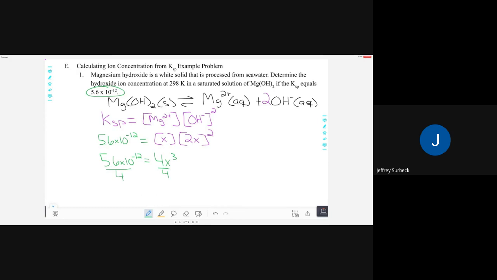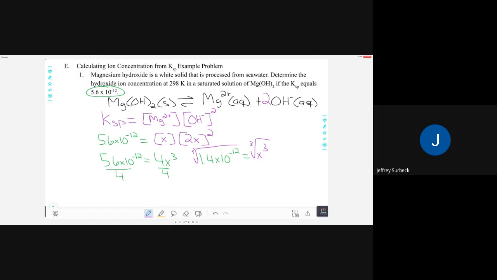I divide that stuff by 4. I get 1.4 times 10 to the negative 12 equals x cubed. Now, how do I get rid of x cubed? Yeah, the cube root. Okay, so remember we put this fancy symbol out in front. In your calculators, you have this x to the square root.